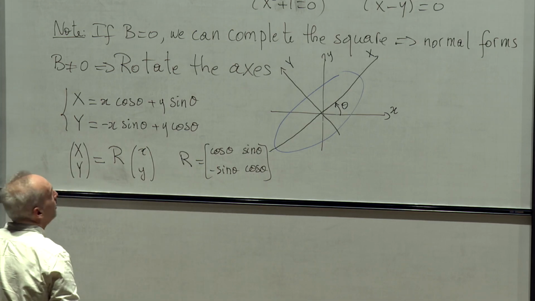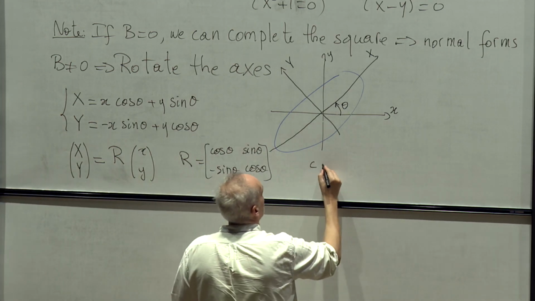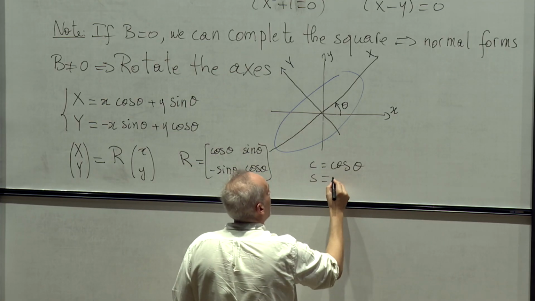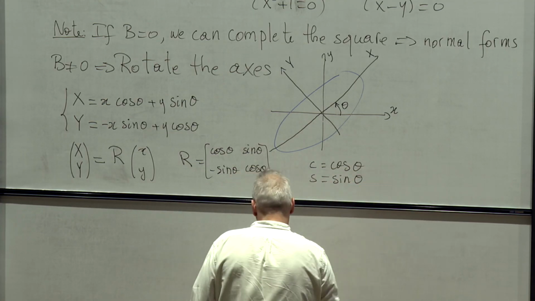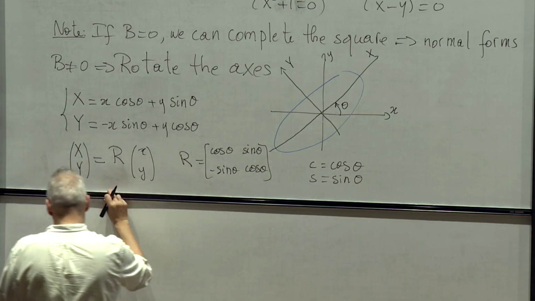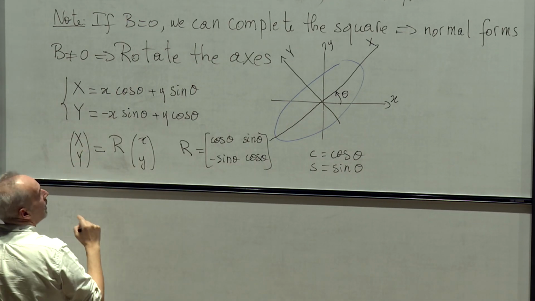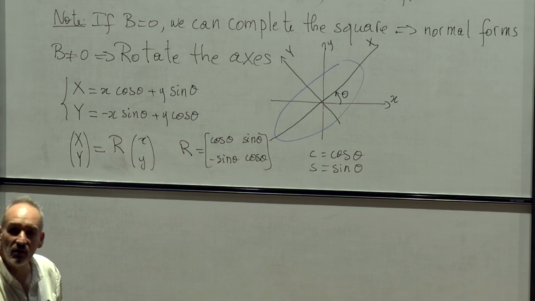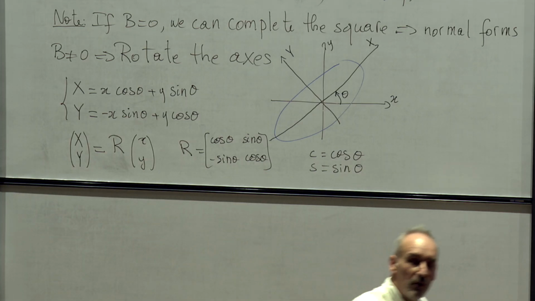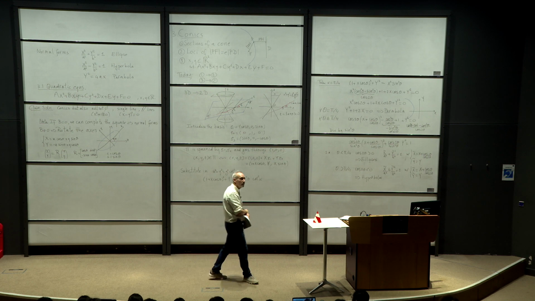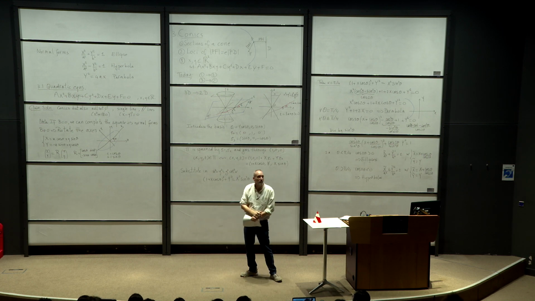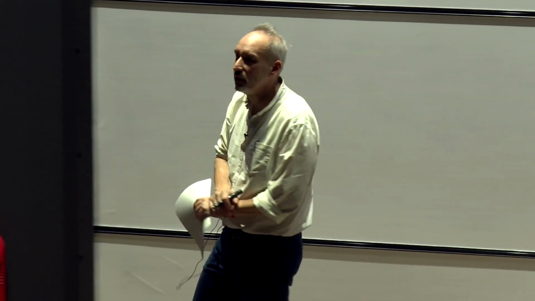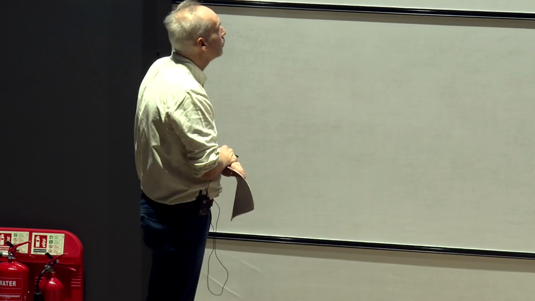So we'll do a little bit of algebra. Let's call C cos theta and S sin theta, just to make it faster. Now, there is something very nice that we'll see about orthogonal matrices: the inverse of an orthogonal matrix is the transpose of the matrix. So this is the best possible world, where you don't have to do any computation to actually compute an inverse.